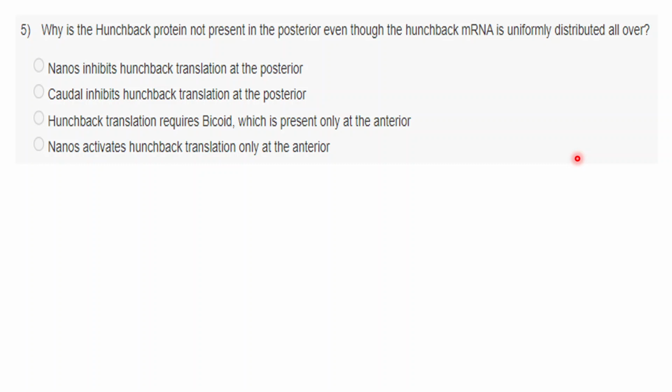Why is the hunchback protein not present in the posterior even though hunchback mRNA is uniformly distributed all over? This is an interesting question.